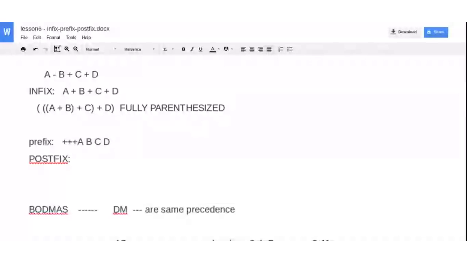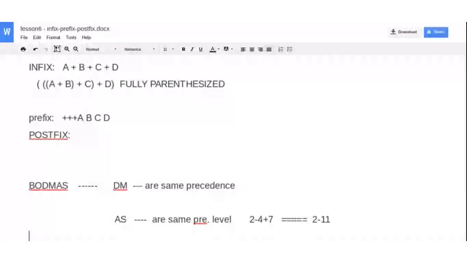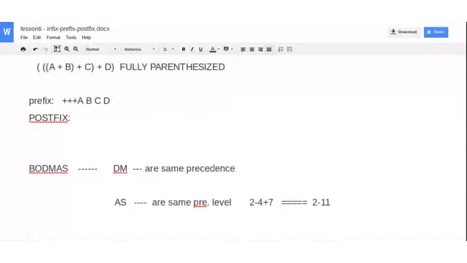But again, on that issue about precedence, what we had said is that if some operators are at the same level of precedence, the standard way of handling them is to do left to right. So even this expression, if you did it left to right, you'll have no problem. First of all, do 2 minus 4.